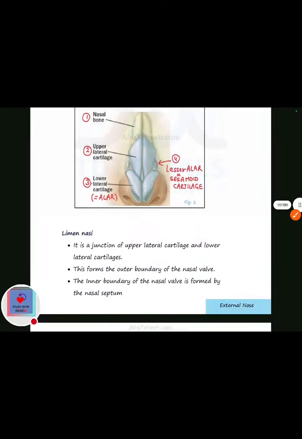Don't confuse. You can remember it as the nose consists of four paired structures. One is the nasal bone, the other is the upper lateral cartilage. Lower lateral cartilage is also called alar cartilage. The other one is the lesser alar cartilage, which is nothing but a sesamoid cartilage.